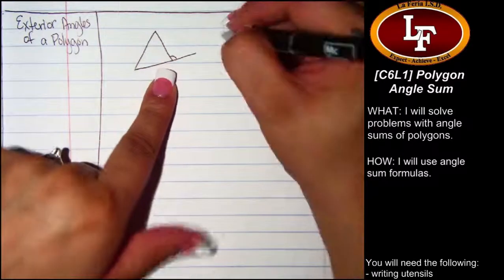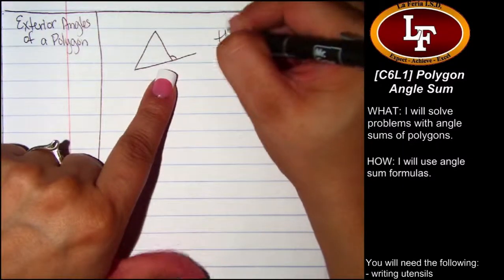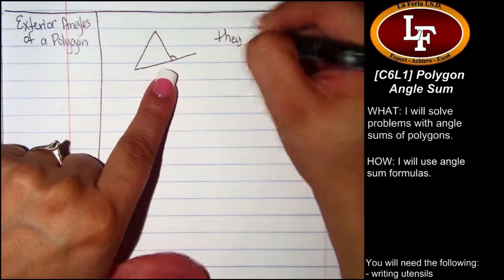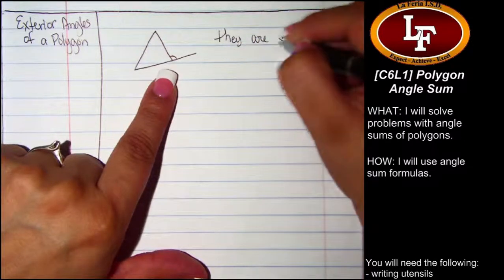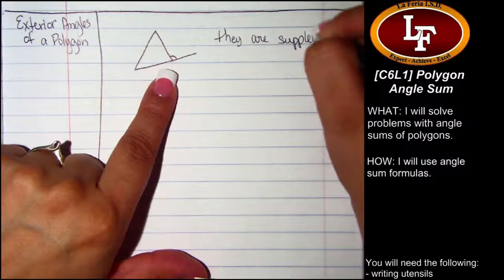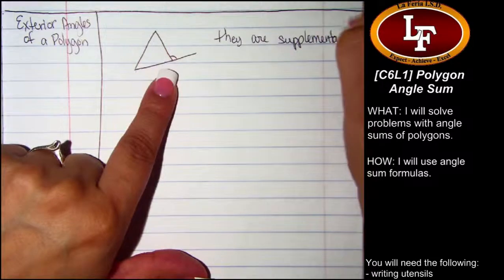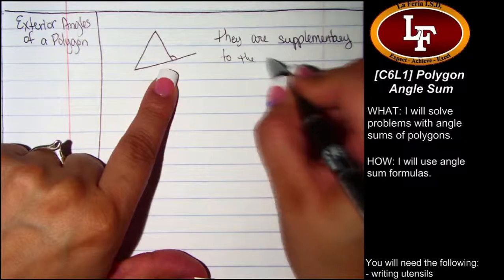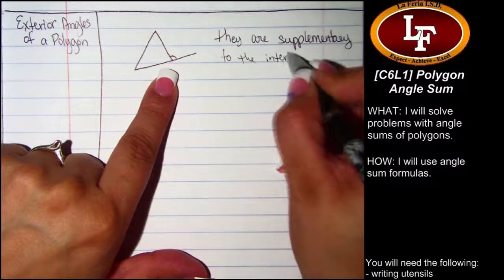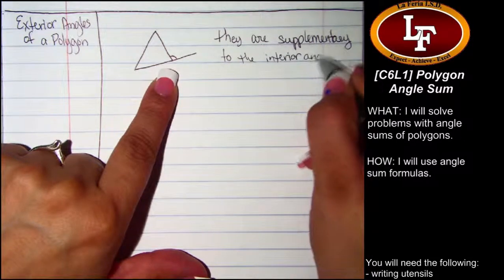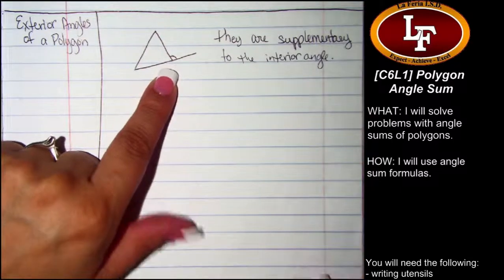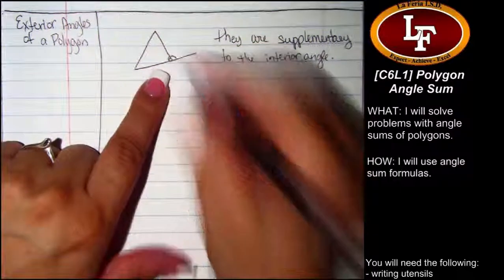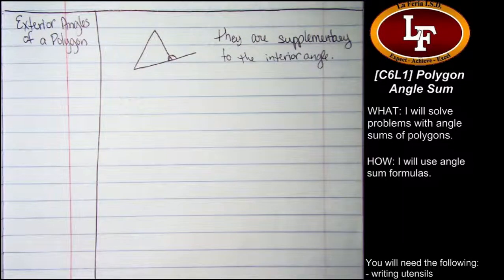The thing to know is that these exterior angles are supplementary to their interior pair, the one that they're next to. Which means when you add their measures, you're going to get 180.